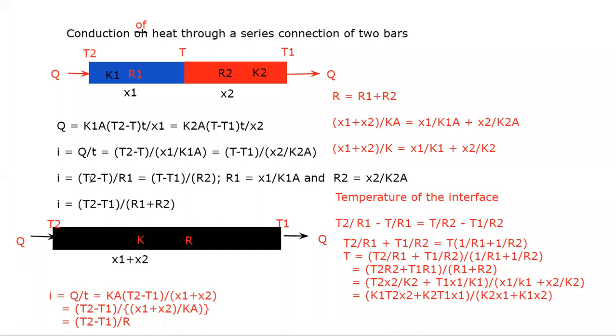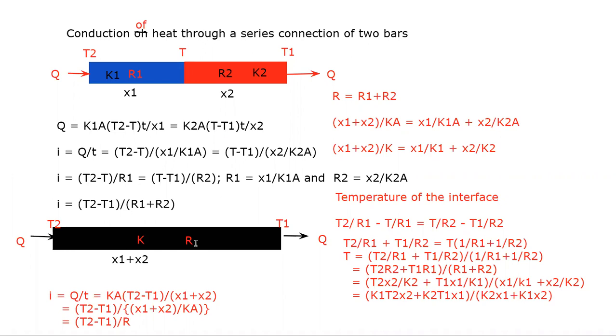Componendo is nothing but: (T2 minus T) divided by (T minus T1) is equal to R1 by R2, and if you add the numerator and denominator, you get (T2 minus T1) divided by (R1 plus R2).